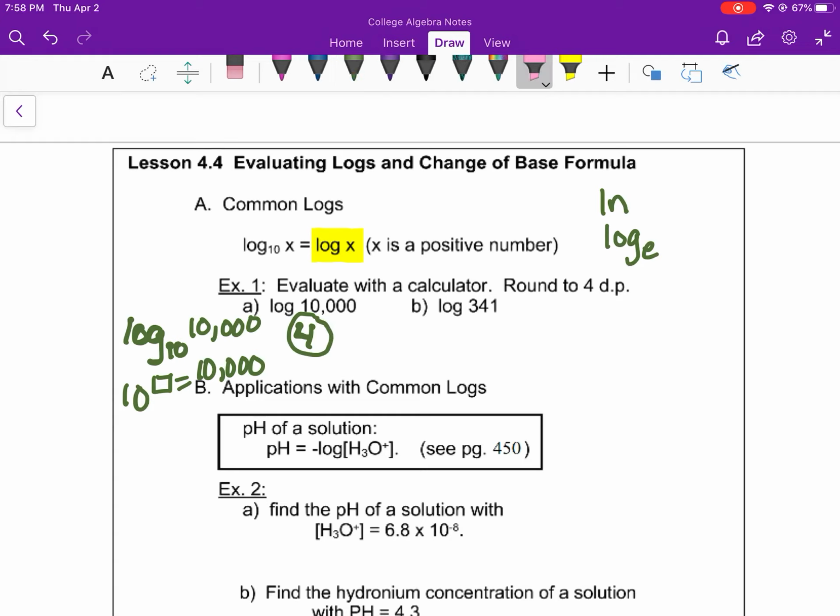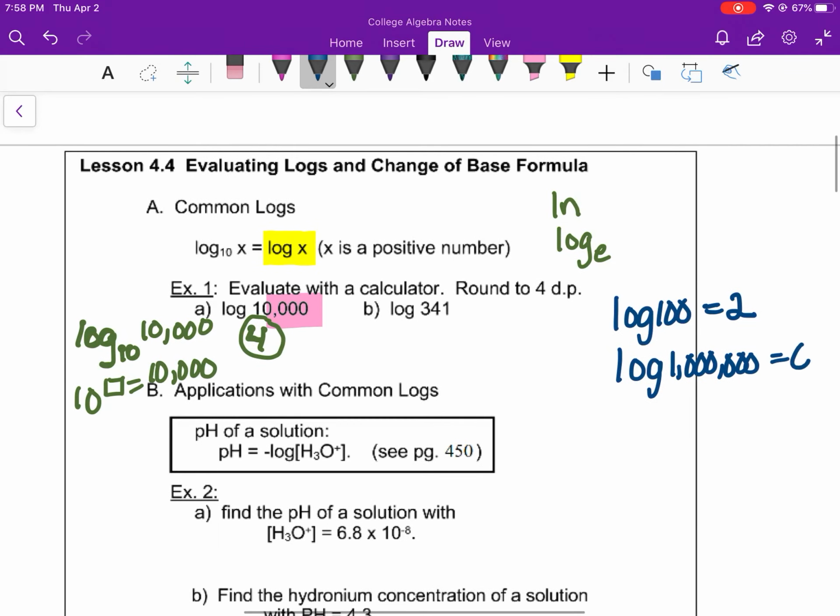If you just simply count the zeros, that would be the answer. So applying that to the log of 100, that would be 2 zeros. Log of 1,000,000 would be 6. So powers of 10 are going to be super easy and you don't need a calculator.